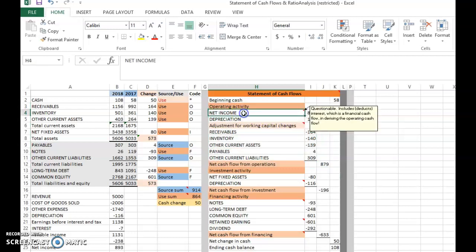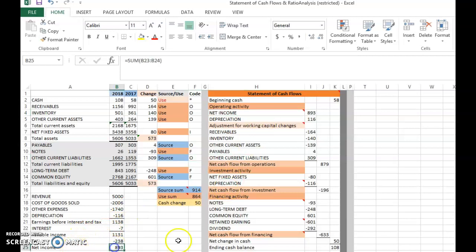Remember that the CFO starts with net income. So net income is the first item. Net income is taken from here. Net income is here, 893 at the bottom of the income statement. Then you add depreciation, because depreciation is not a cash expense.